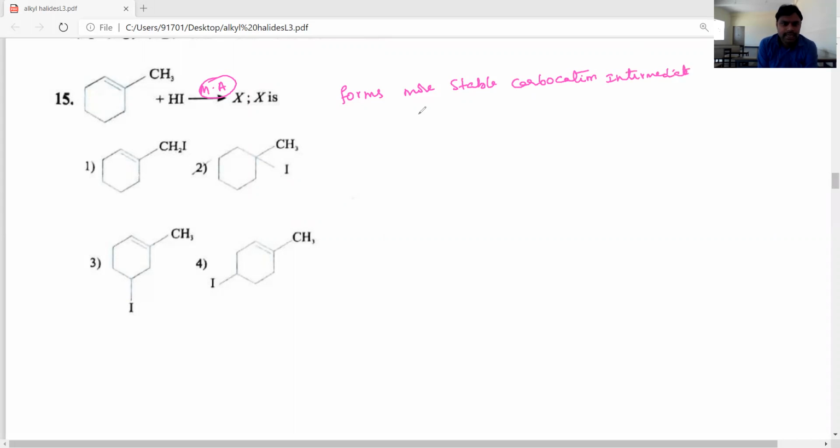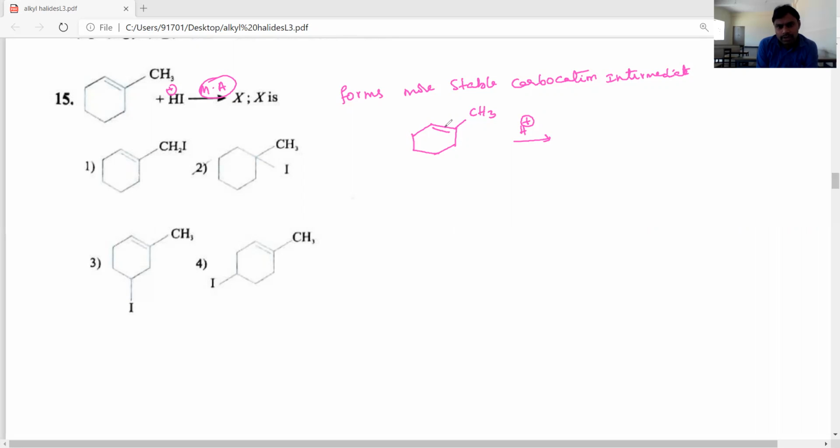Okay, let's see that. First you have to add H plus ion, CH3 first by the addition of H plus. Here this double bond is present.